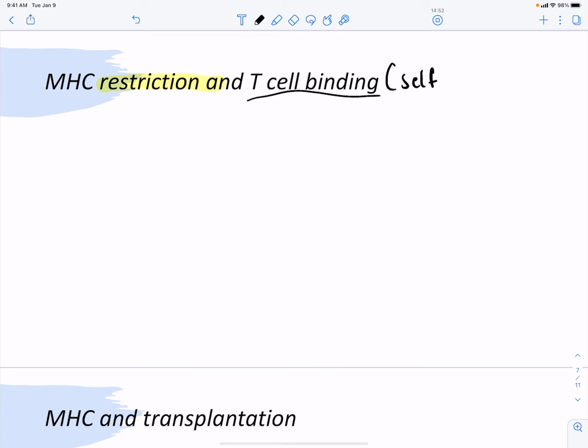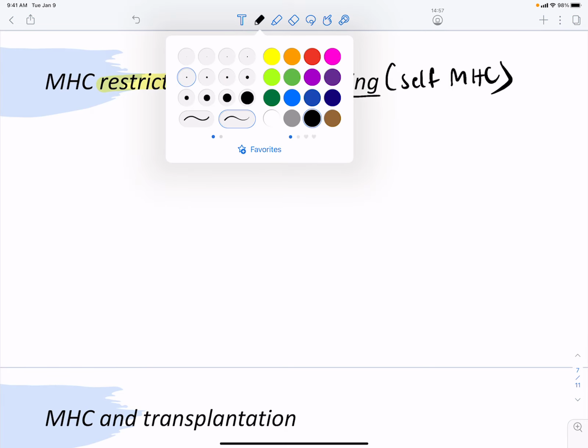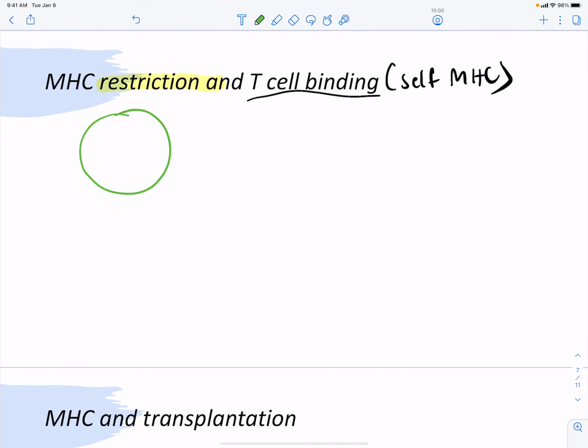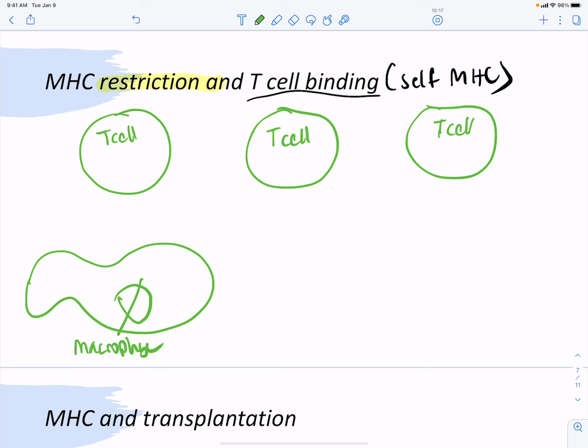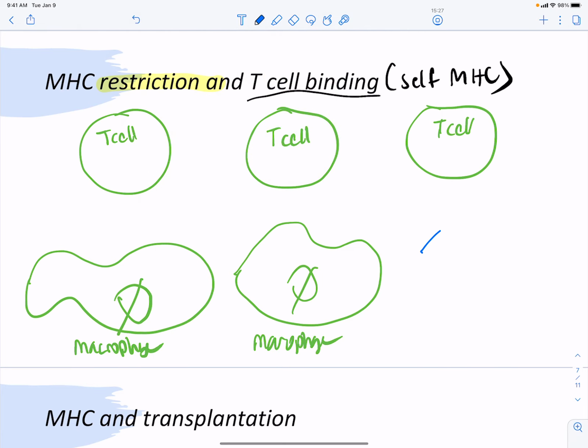How to think about this is, if you have T cells from a green person, and a macrophage from the same green person, and then you had a macrophage from a blue person.